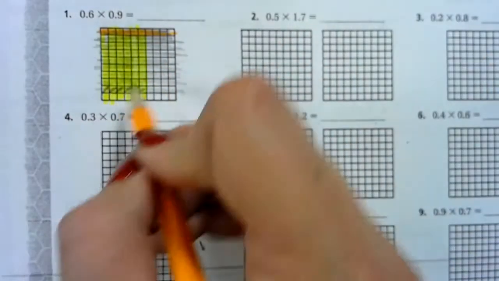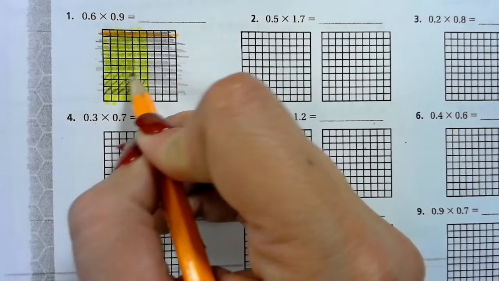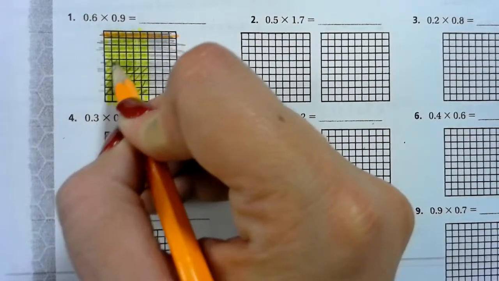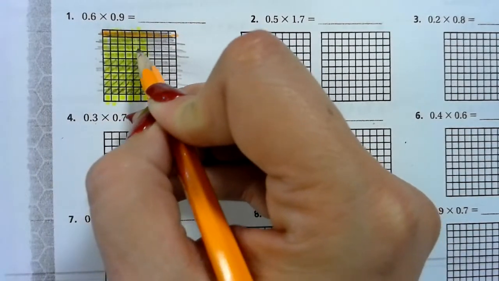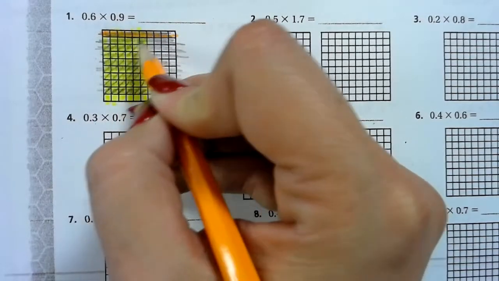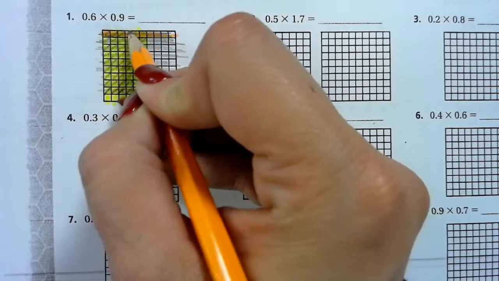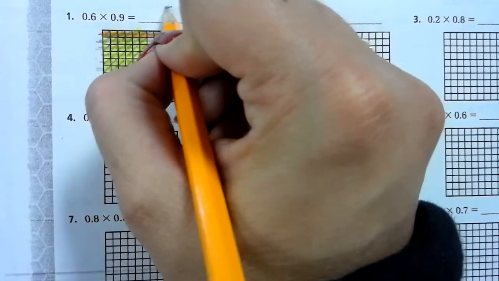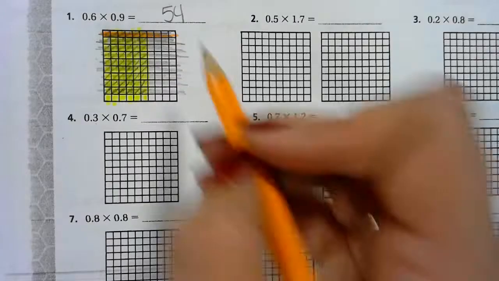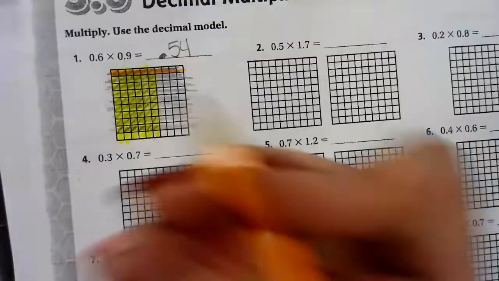So if I count these, 6, 7, 8, 9, 10, up to 54. So I'm going to get 54 out of how many total? Well, remember there's 100 pennies. So 54 pennies.